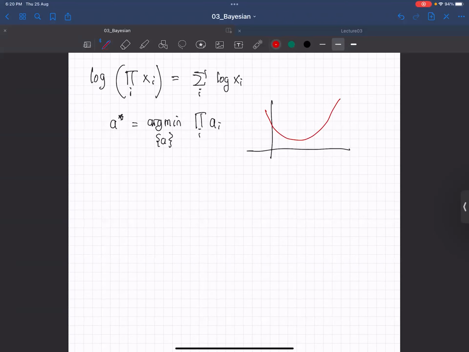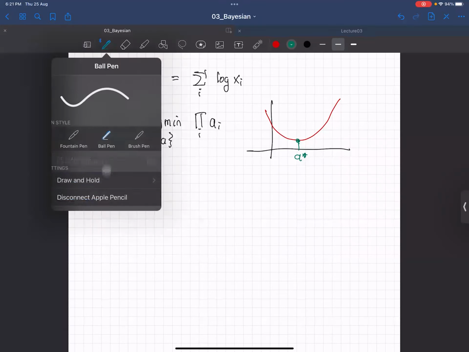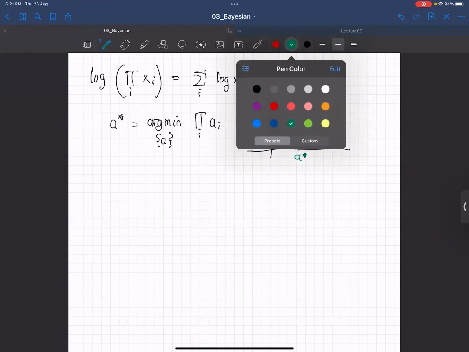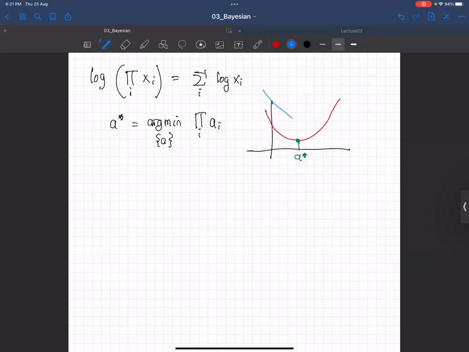So this one is a function of the product, and in the end of the day, we know this one is A star. And then you do the log operation. I do not know exactly what the log operation gives, but I know that it's proportional. So when the red line is going down, the log is also going down, because the original line is going down. When the line is going up, I know that the log of that function is also going up. So this one may be different in the y-axis, but in the x-axis it doesn't change.